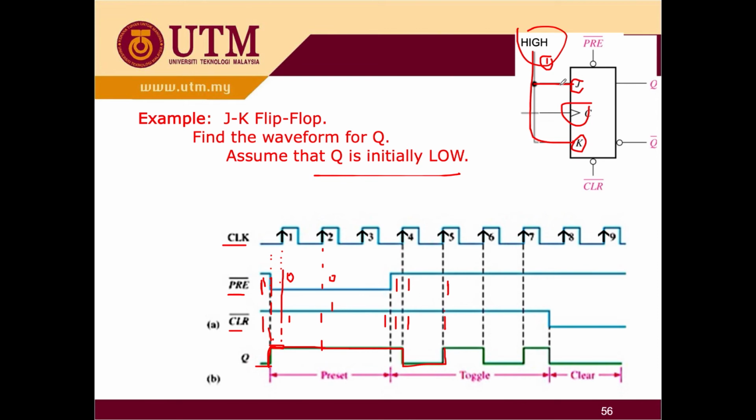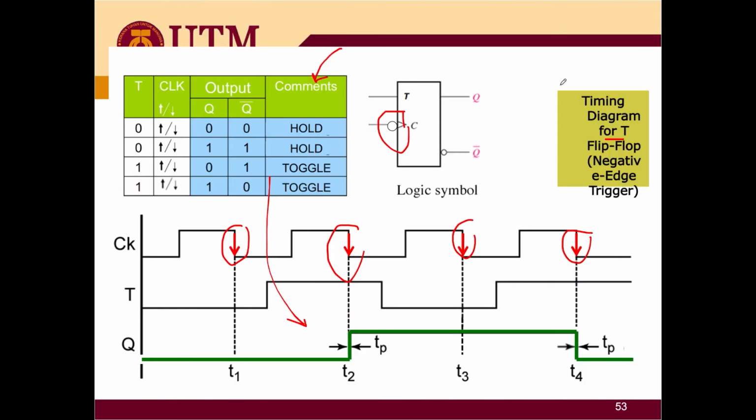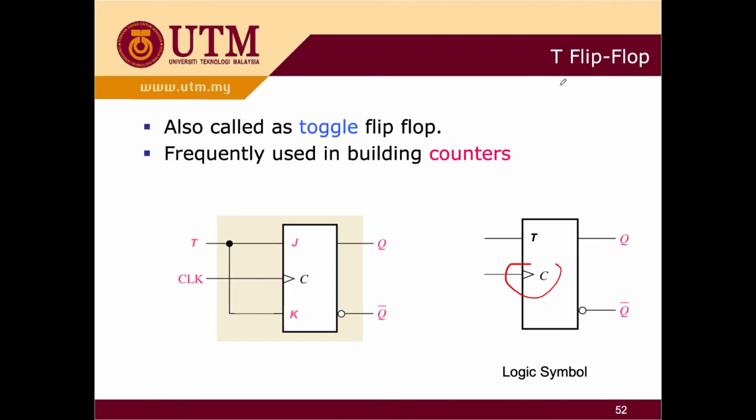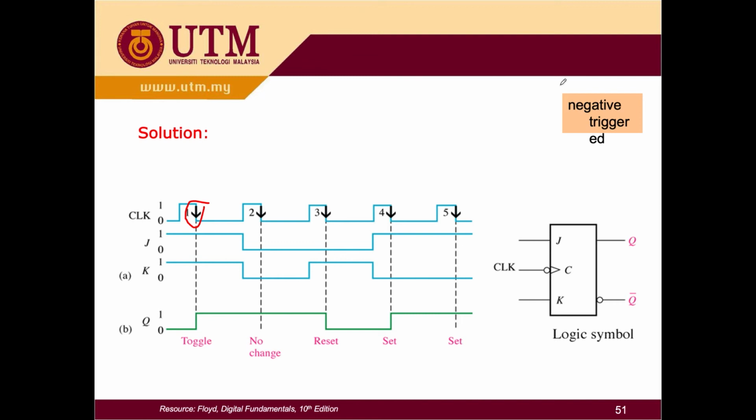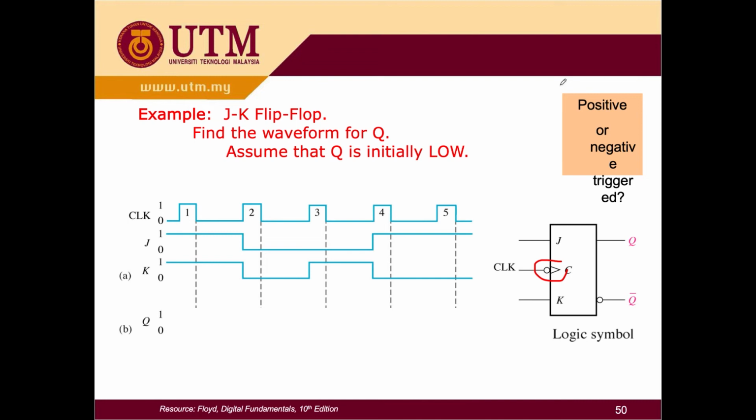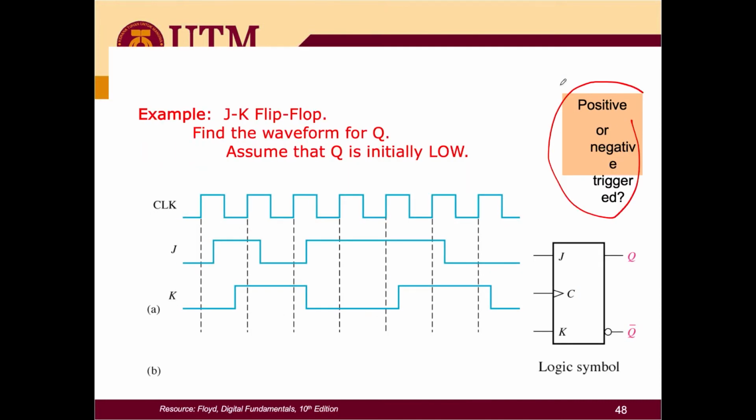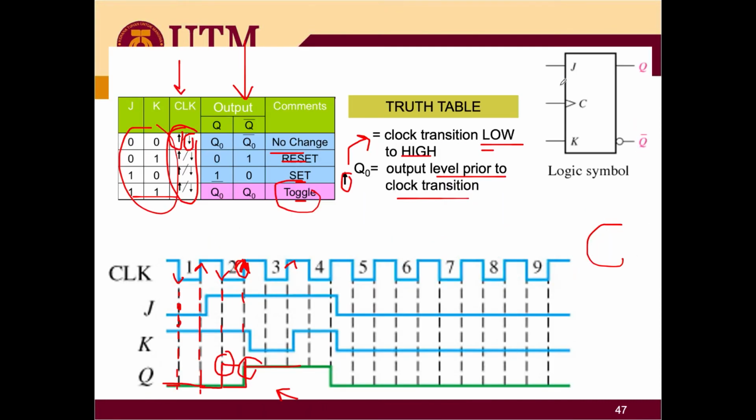For JK, where is your JK flip-flop? It's quite complicated because you have JK, you have also the clock, you have also the preset, and so on. For JK over here, you can see the value of JK. If it's 1 1, you will have the toggle, isn't it?